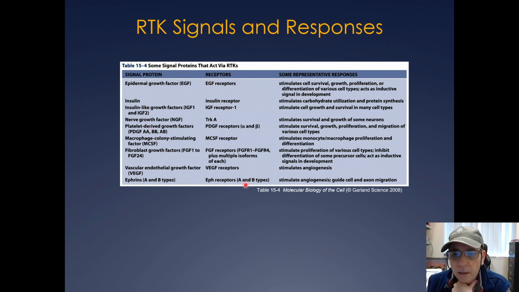One that I think should really jump out at a lot of people is this VEGF receptor. Oftentimes cancer cells will secrete vascular endothelial growth factor, which actually stimulates angiogenesis.